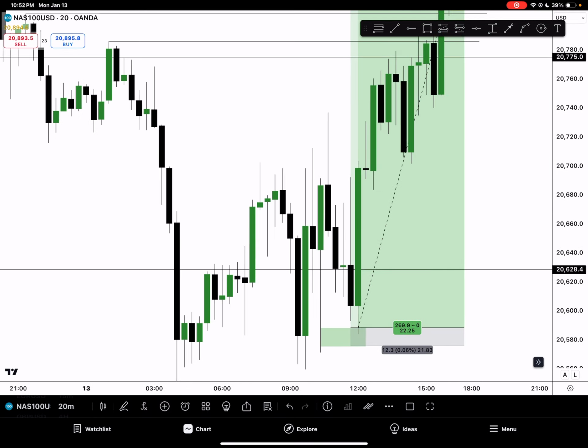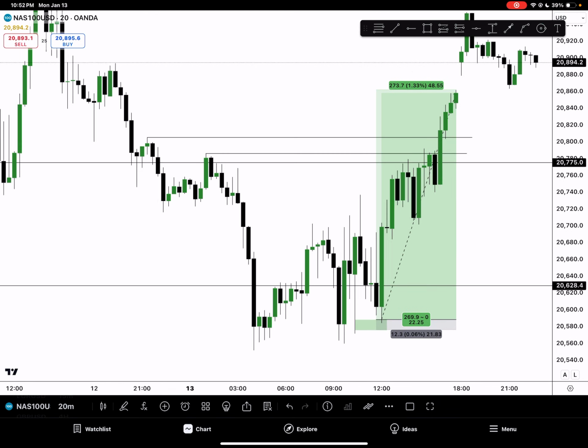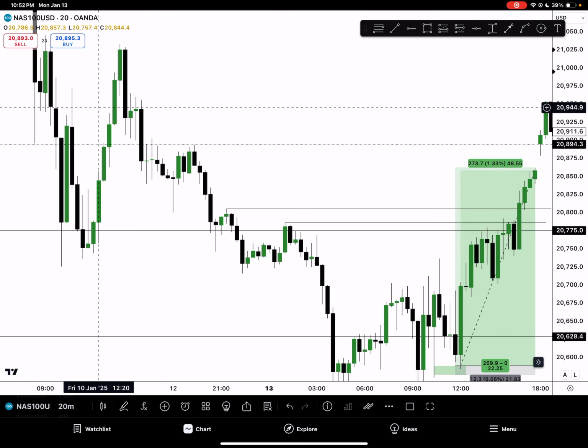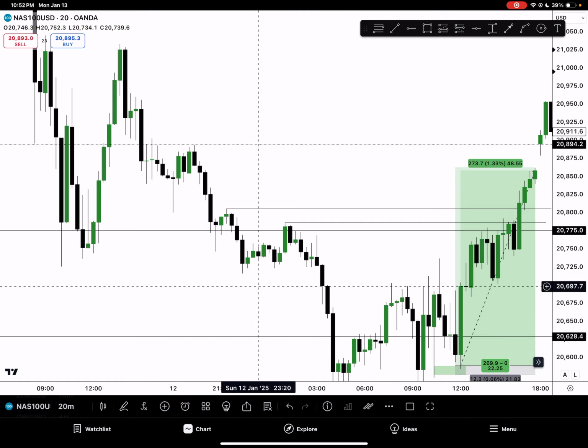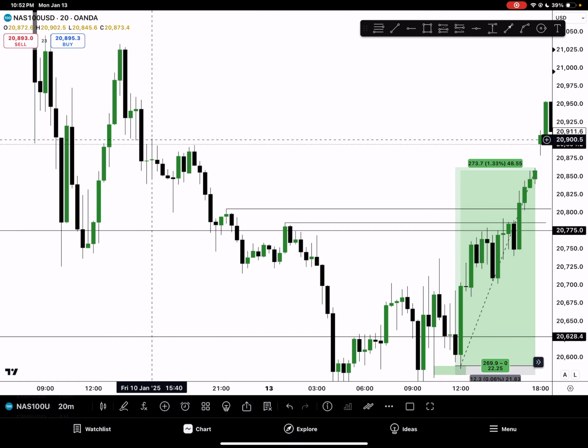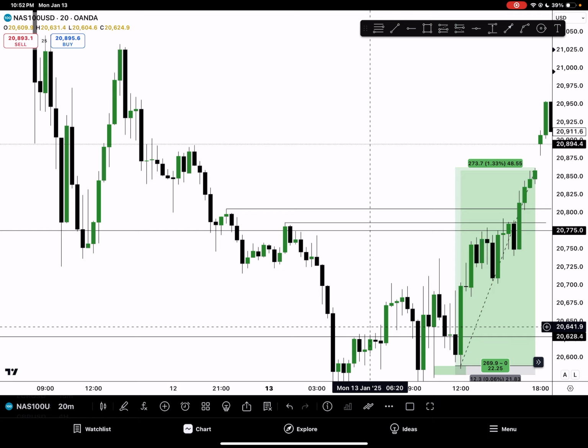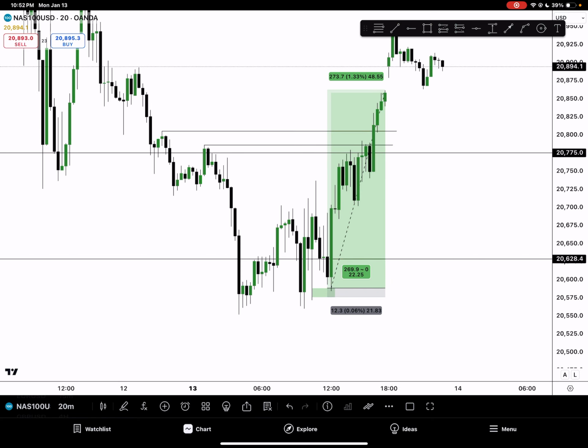This is what I mean by understanding the macro: you can see that these clear runs here indicate bearish intent, bearish price action. So it's going to take some sort of consolidation and some sort of bullish structure to form in order to begin pushing price back up in the opposite direction.